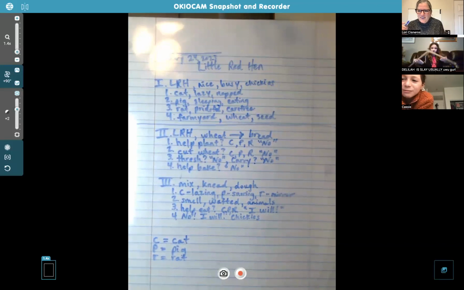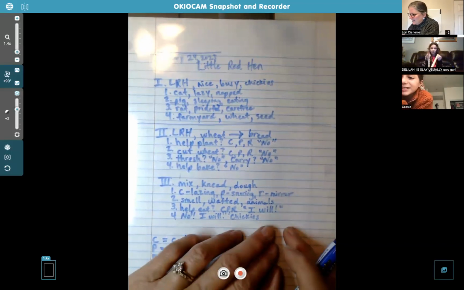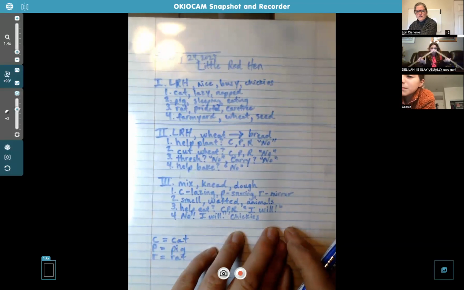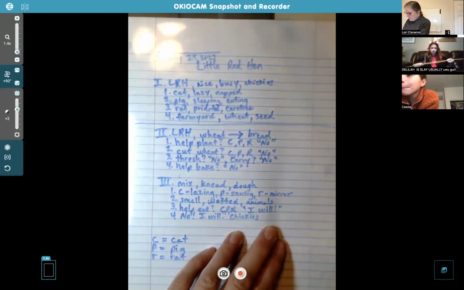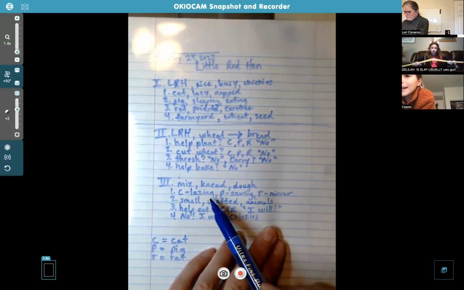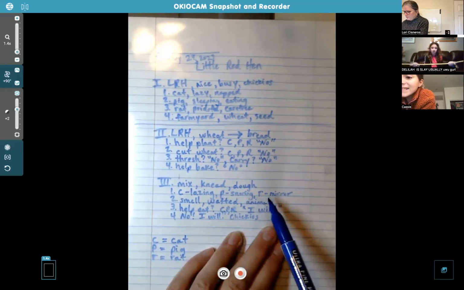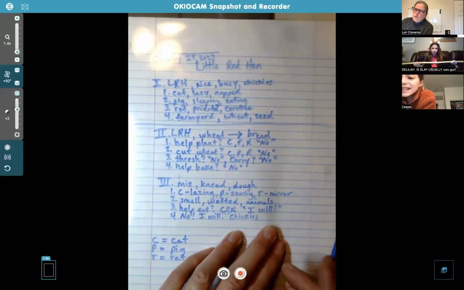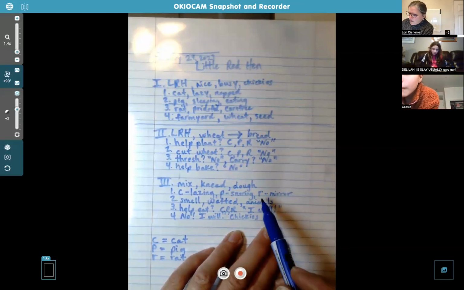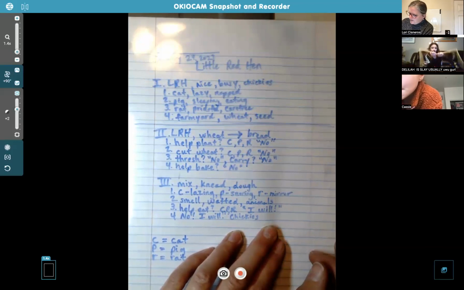You can't really see the word. So the cat was lazy, the pig snored, and the rat was mirrored. It would be like the rat was looking in the mirror. So try that. Say the rat was looking in the mirror. There you go. Good job, Delilah.